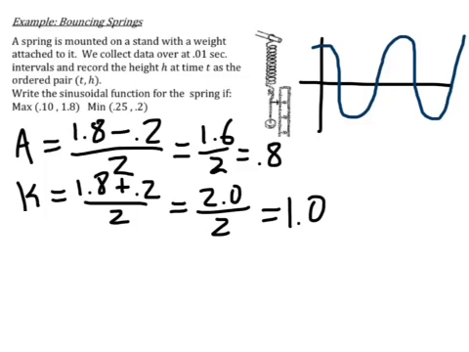Okay. And we know that at some point here we have a maximum, and we have a minimum here. And that is half of our period. Okay, so we can find that time there. So we've got half of the period.